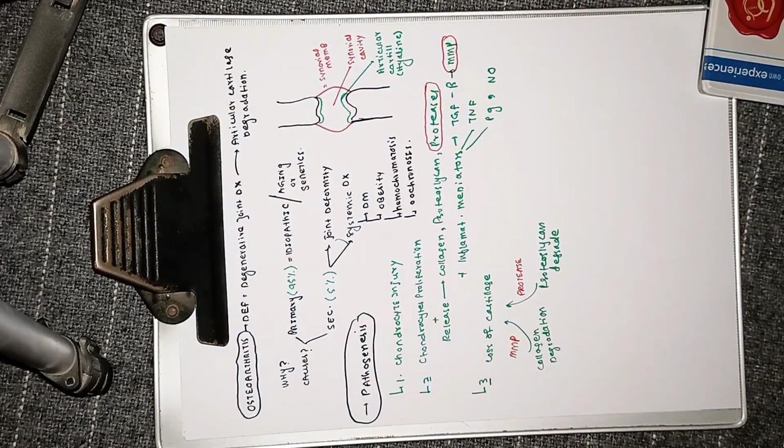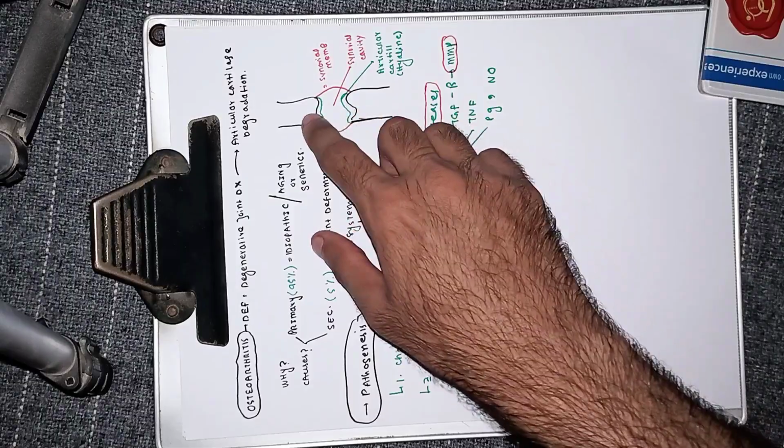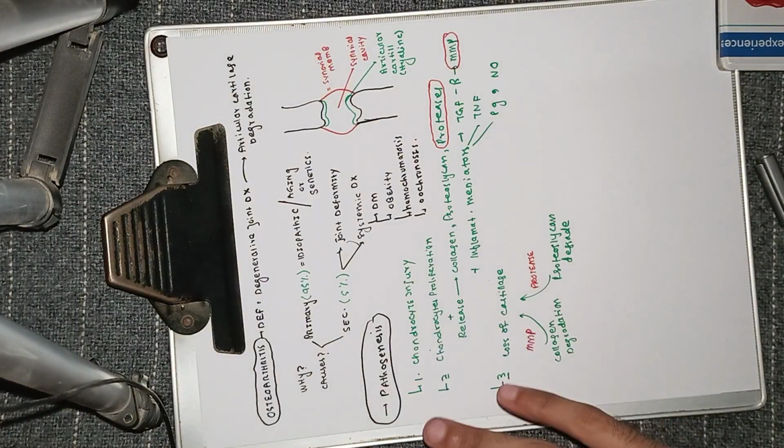Okay, right. Now let's see. This is the pathogenesis. This is how cartilage is lost in case of osteoarthritis. Okay, and this is how articular cartilage is damaged, and these two bony surfaces. So beta, now you understand the pathogenesis of osteoarthritis.